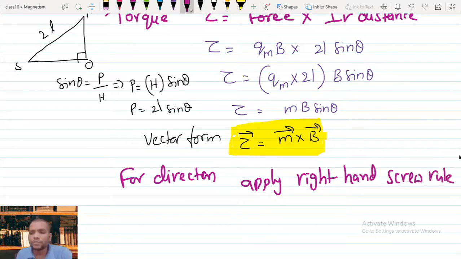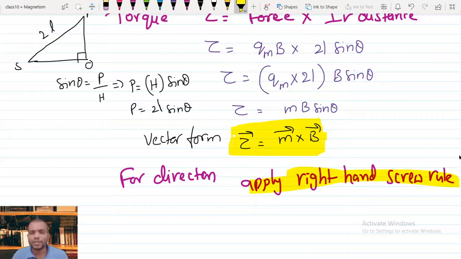M bar cross B bar is always perpendicular to the torque, so that's what we apply in the right hand screw rule.